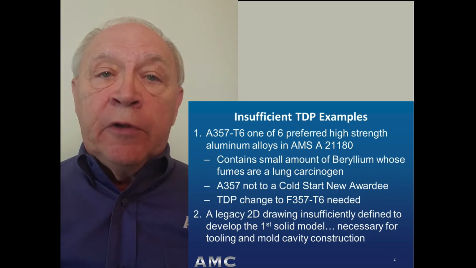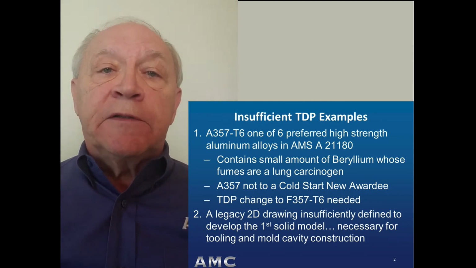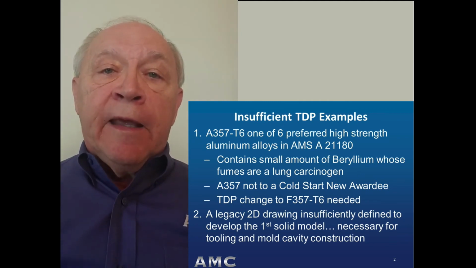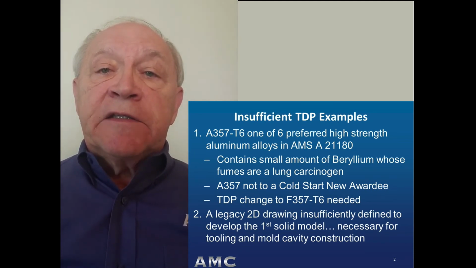A new beryllium-free alloy, F357, has now been established with similar high-strength properties. A357T6 is unlikely to be available to a cold start new awardee because of the beryllium, and the ESA would have to modify the technical data package to allow substitution of F357T6.